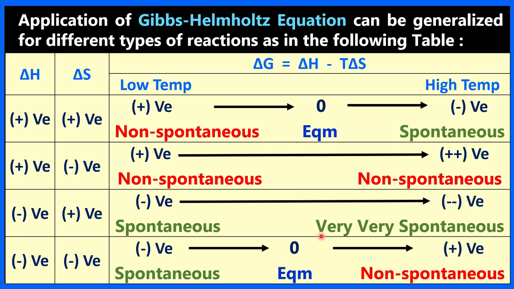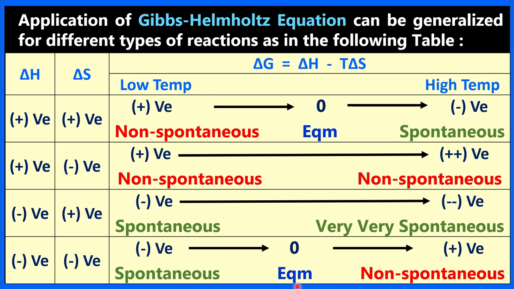For the fourth kind of reaction, in which both delta H and delta S are negative, at low temperature the value of T delta S is less than that of delta H, therefore delta G becomes negative, that is the reaction becomes spontaneous. With increasing temperature the value of T delta S increases, and at a particular temperature the value of T delta S becomes equal to delta H, that is delta G becomes 0.